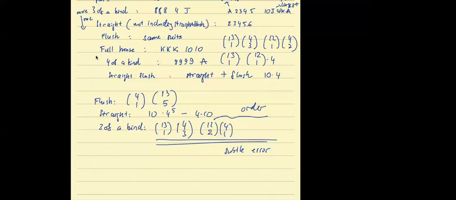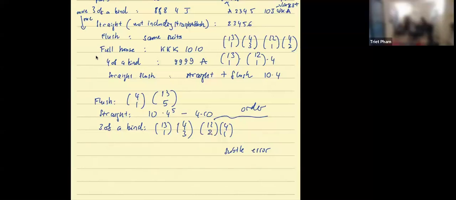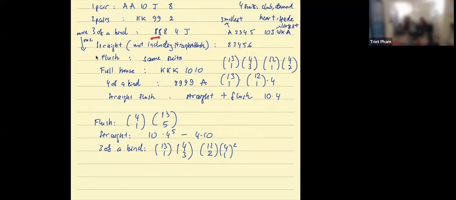Yeah, or you can do 12 choose 2, but that's a bit less intuitive. I mean, of course, it's divided by 2, but 12 choose 2 explains it. Of course, this will be squared. Why? Because now the explanation is very simple. Out of 13 denominations, choose 1 for your three of a kind.